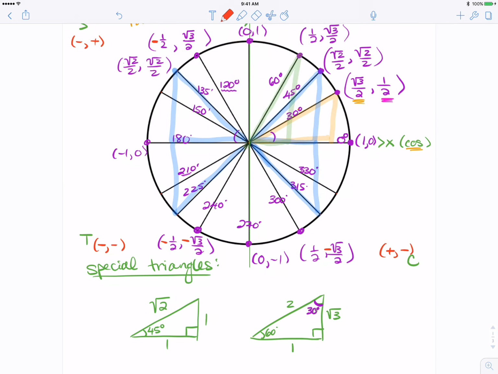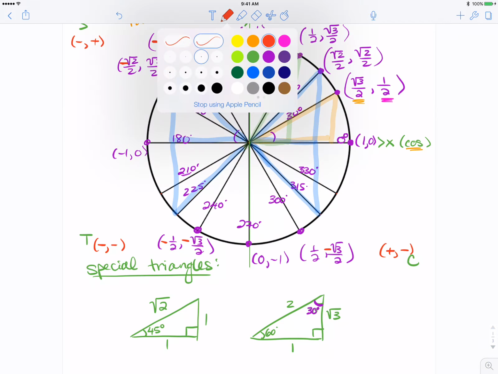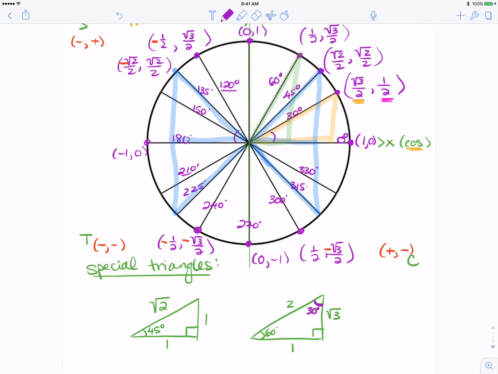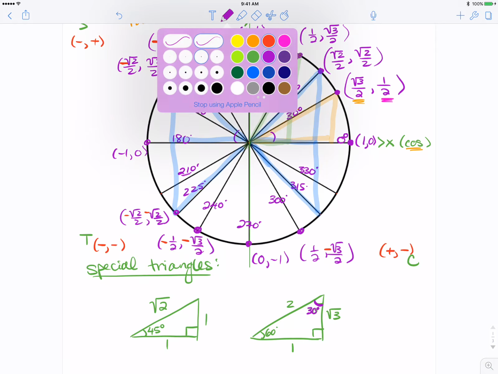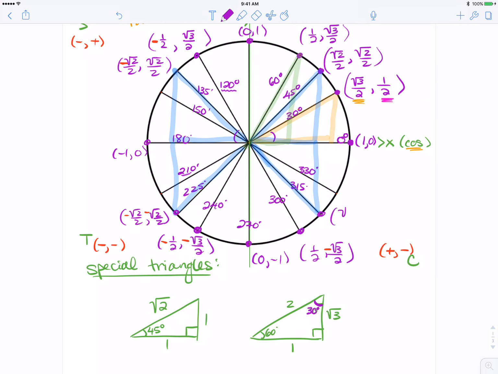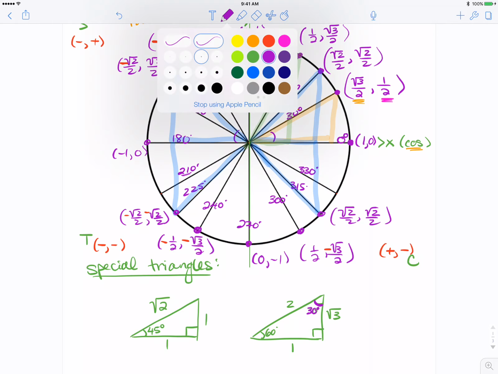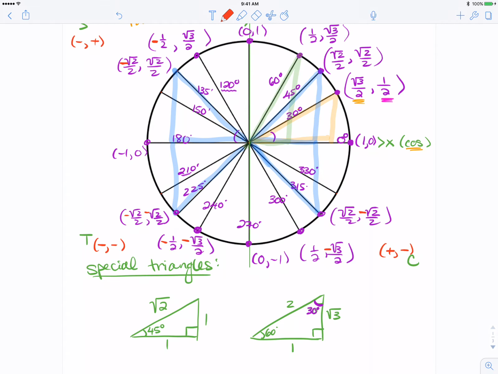Adjusting for sign, negative. And in this quadrant here, both will be negative, root 2 over 2, root 2 over 2, negative, negative. And in the quadrant over here, root 2 over 2, root 2 over 2, positive, then negative.